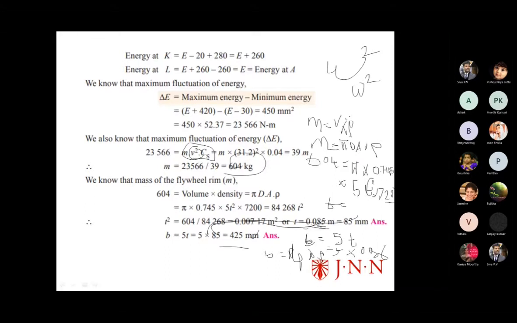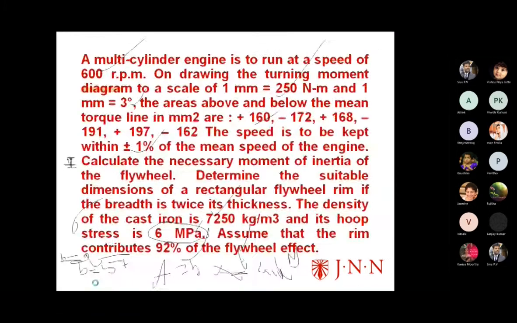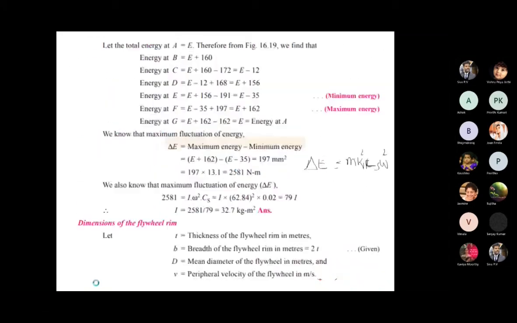But we already know I equal to... so similarly, delta E equal to m k square omega square cs.